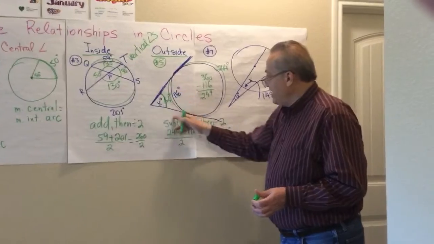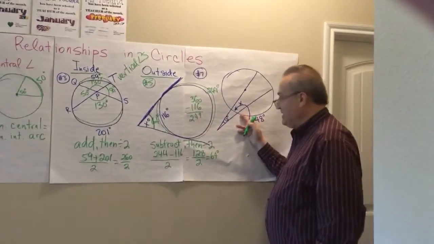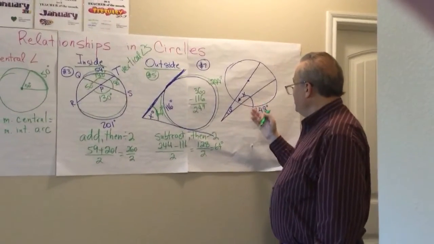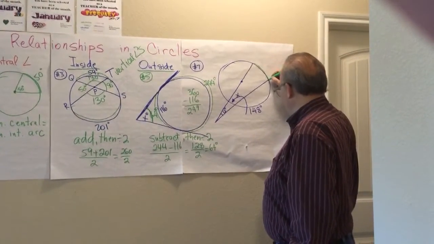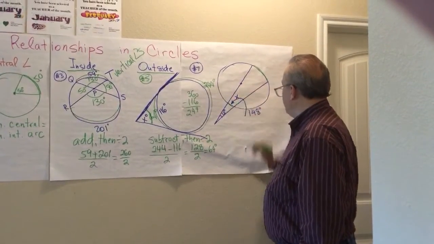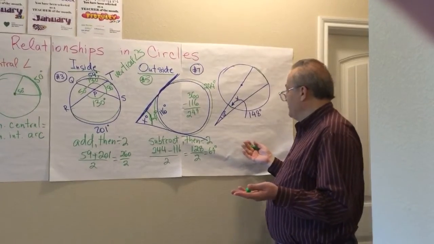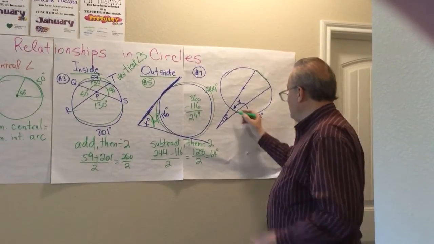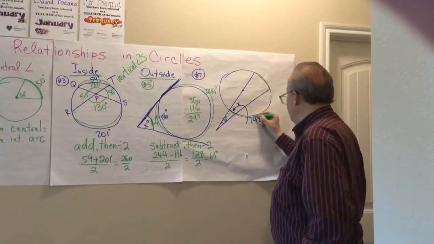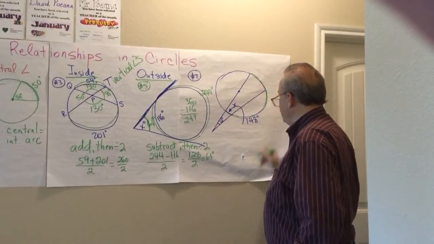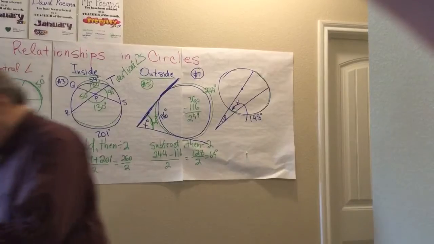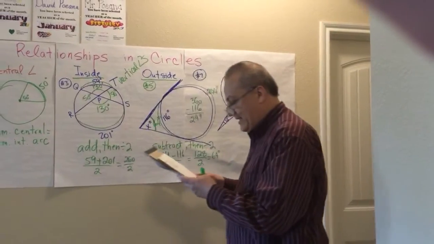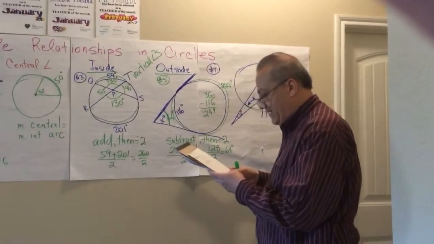Those two are tangents, but here we got secants. In the case we got secants, I have an arc here and an arc here. What am I going to do? What do I know? I know that this right here is 148.